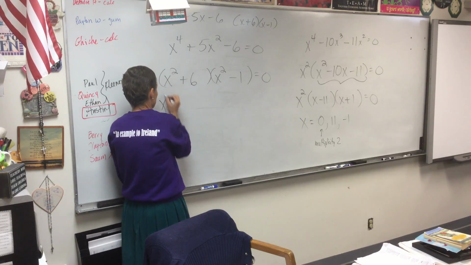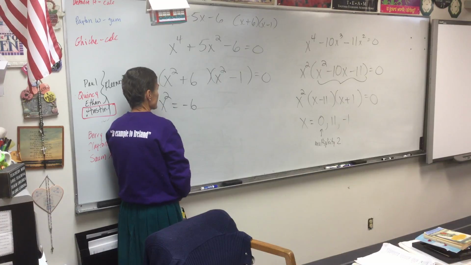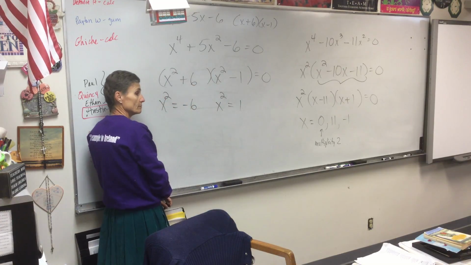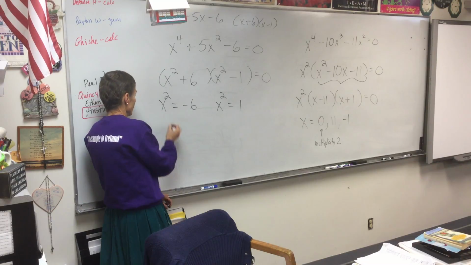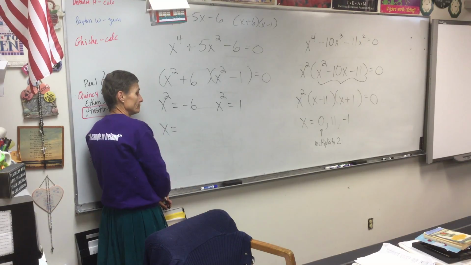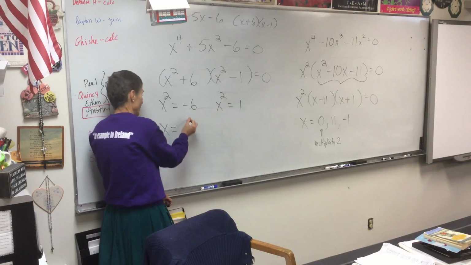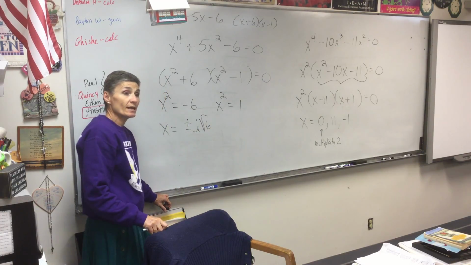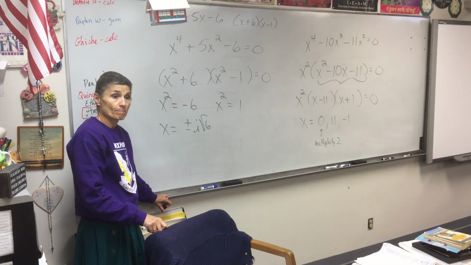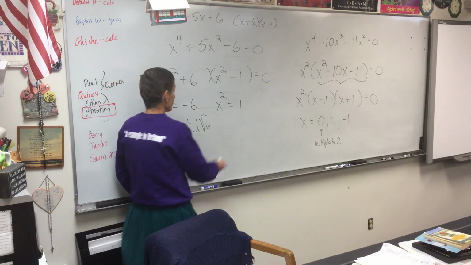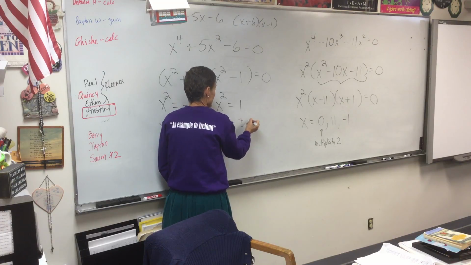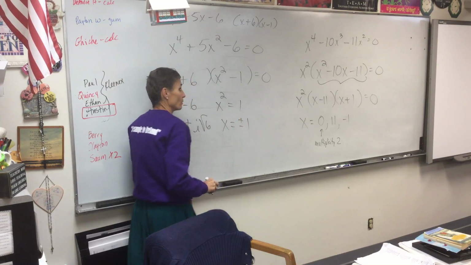Which means x squared equals negative 6, or x squared equals 1, which means x equals what? Plus or minus i root 6, the square root of negative 6, or x equals plus or minus 1, the square root of 1.